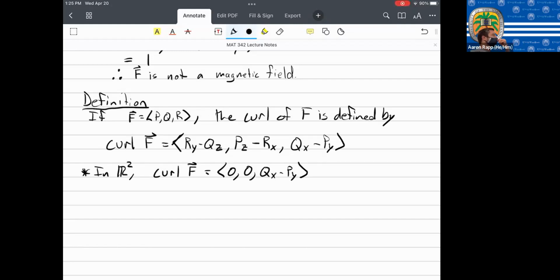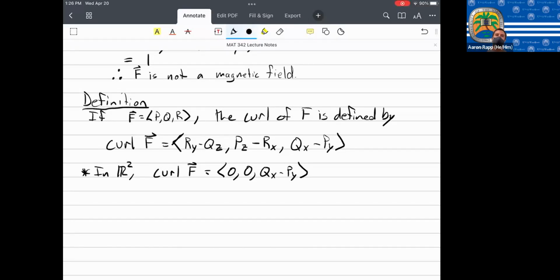Your curl just becomes a vector field in 3 dimensions where your x and y components are always going to be 0, but you get that same third component: the partial with respect to x of your y component minus the partial with respect to y of your x component.